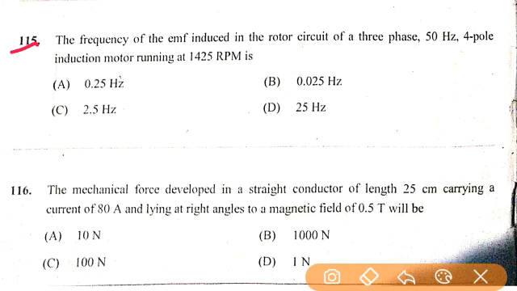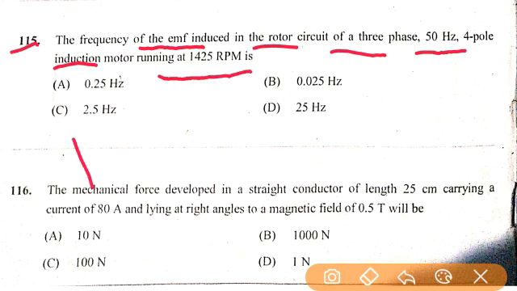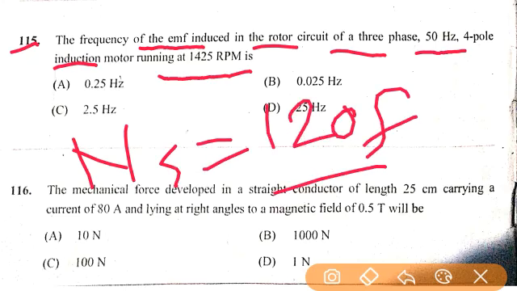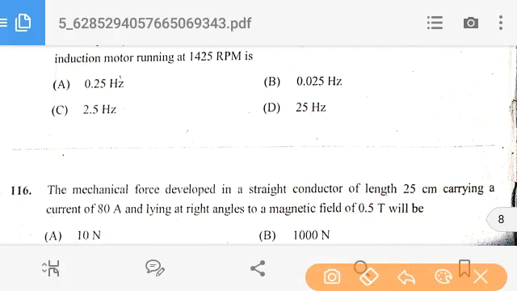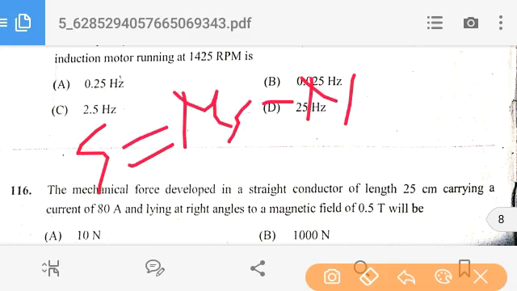In the next question, the frequency of the EMF induced in the rotor circuit of a three-phase 50 Hz 4-pole induction motor running at 1425 RPM is, you know that the synchronous speed Ns equal to 120 f by P. For 50 Hz and 4 poles it will be 1500 RPM. So the slip S equal to (Ns minus N) by Ns.